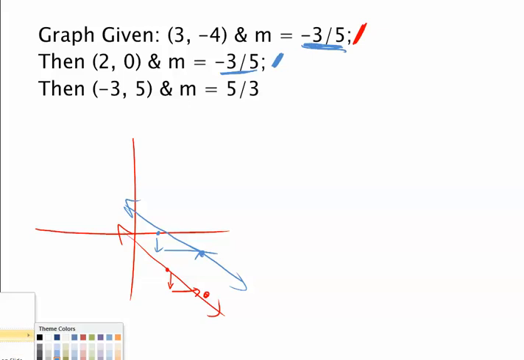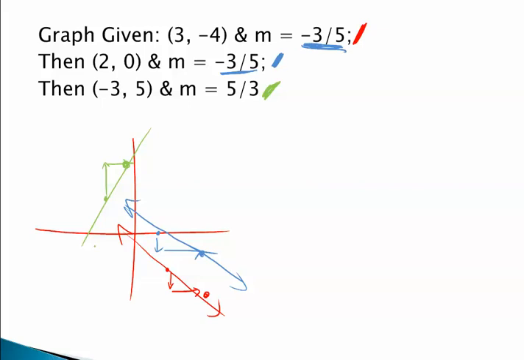And finally, let's do this last one in green. If I plot the point -3, 5, and I go up 5 over 3, and then connect those, and I should extend those other ones as well.